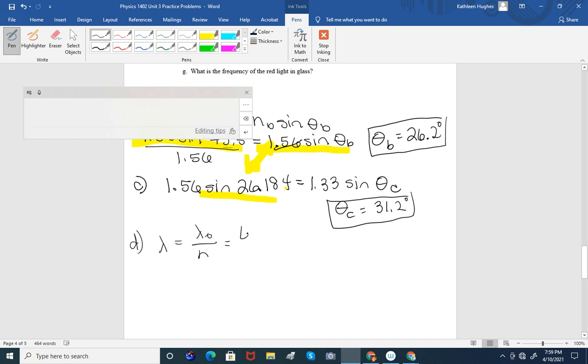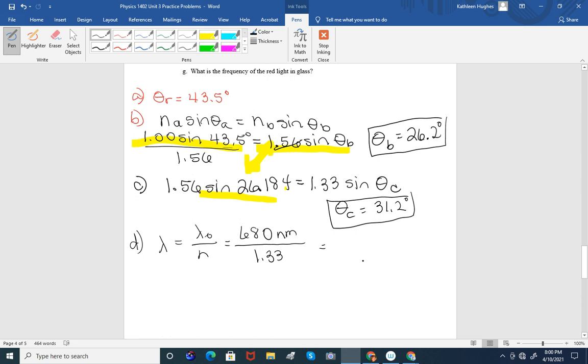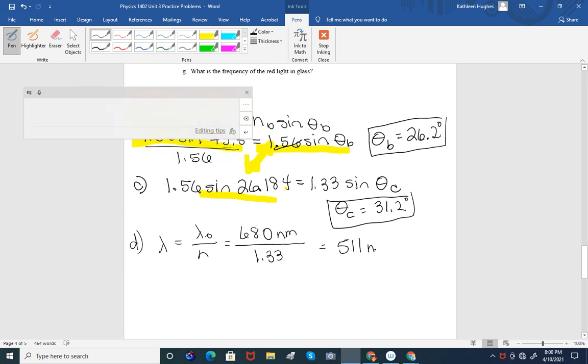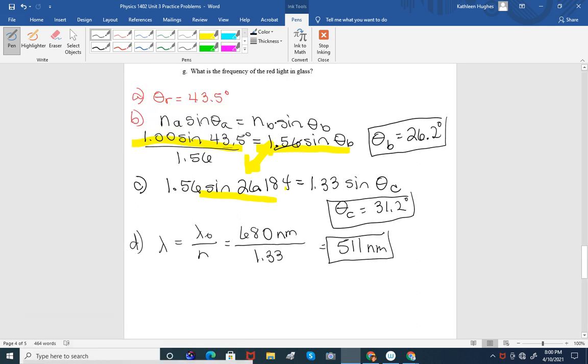This is the wavelength in a vacuum or in air, divided by the index of refraction. So for water, it's 1.33. 680 nanometers divided by 1.33. And I get 511 nanometers if we're keeping 3 significant digits. If we're only keeping 2, which is probably more realistic, then 510.